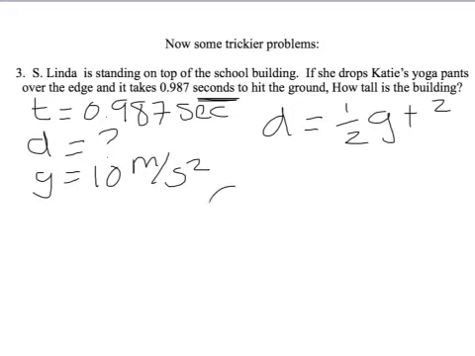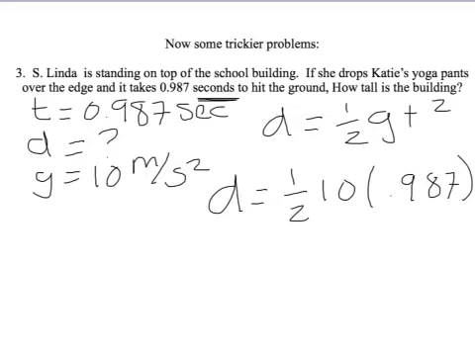So now we plug in. d equals 1/2 times 10 times 0.987 squared. And I want to do this first because of order of operations. So I will put that into my calculator. 0.987 squared, and that gives me 0.974.